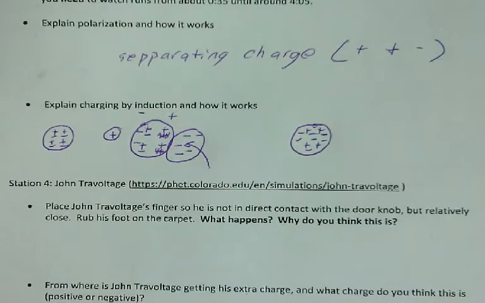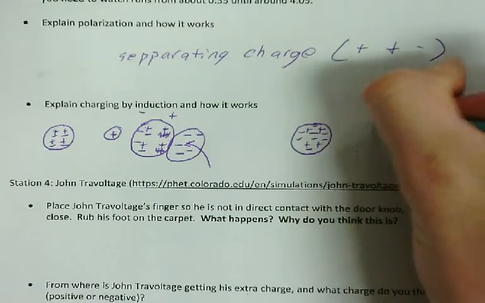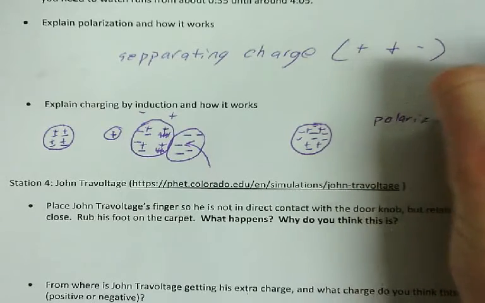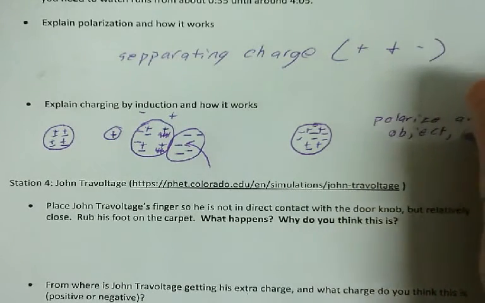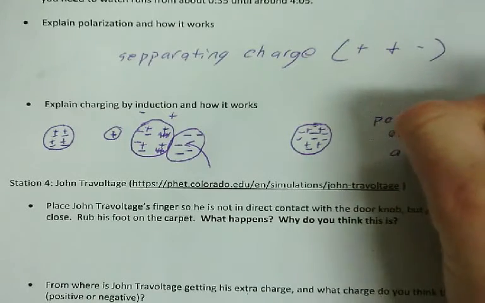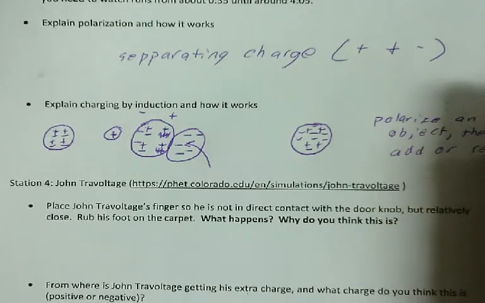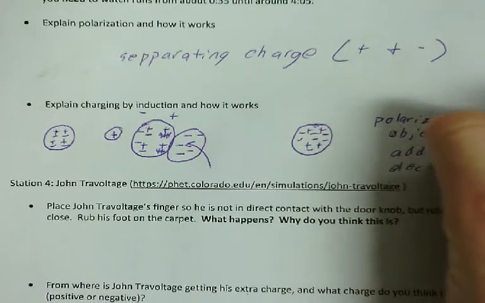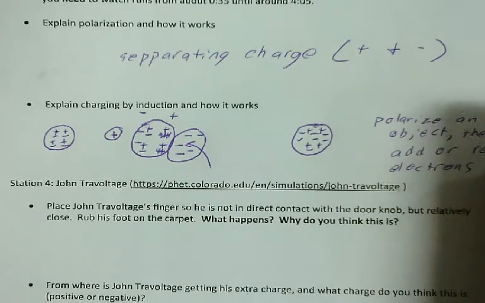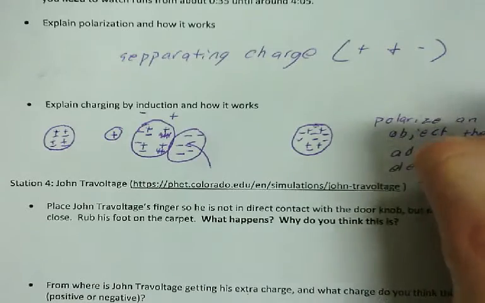Induction is complicated. Basically, what you do is you polarize an object, and then you either add or remove electrons from it, specifically from a third object.